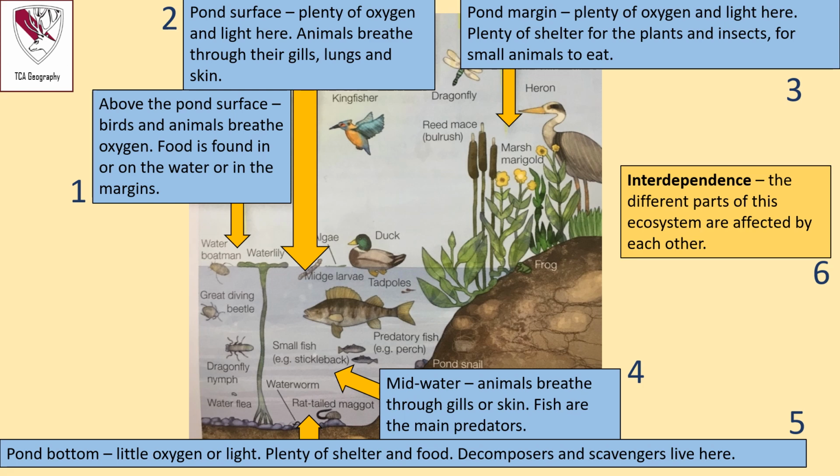The kingfisher might not live in the water, but the kingfisher needs the water to be there because it hunts animals that live in the water. So, if the water in this ecosystem were to become polluted, then it would affect the plants and animals that live in and on the water, and it would affect the animals and birds and plants that live in the margins and that rely on the life of the pond for their own food and habitat.